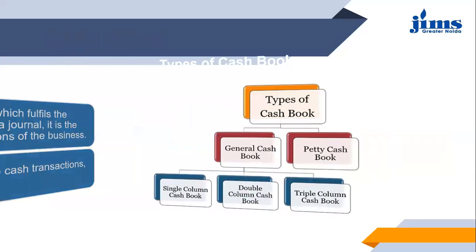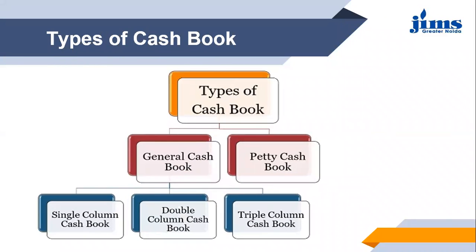So let us take the types of cash book here. When we prepare the cash book, it depends upon the business what type of cash book they want to prepare, depending upon their usage and requirement. In general, we have two types of cash book. One is the general cash book and the other is the petty cash book.